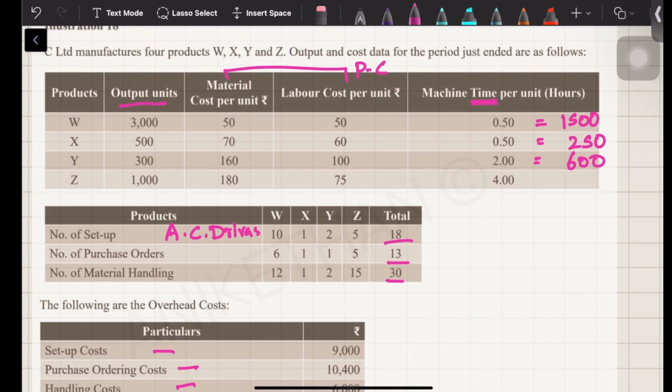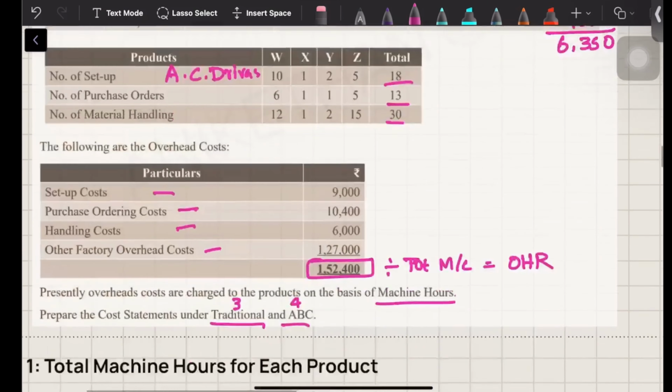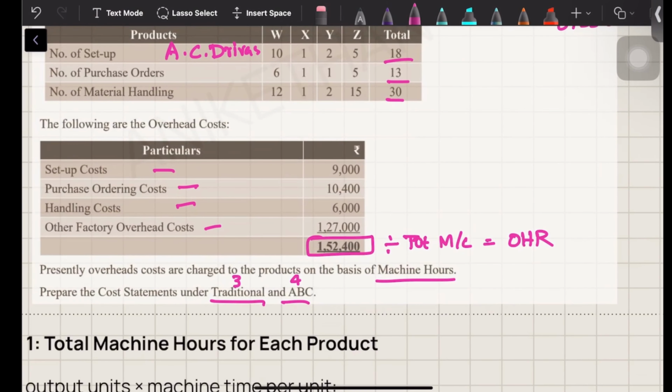Then for Z, the total is going to be 6350. Now we will divide 1,52,400 by 6350. What overhead rate will I get? It is 24 per machine hour. So I have found the overhead rate.